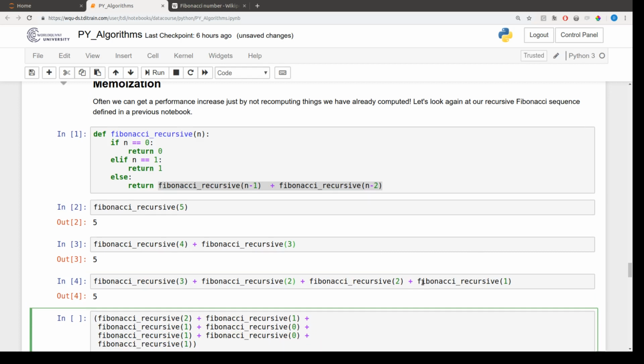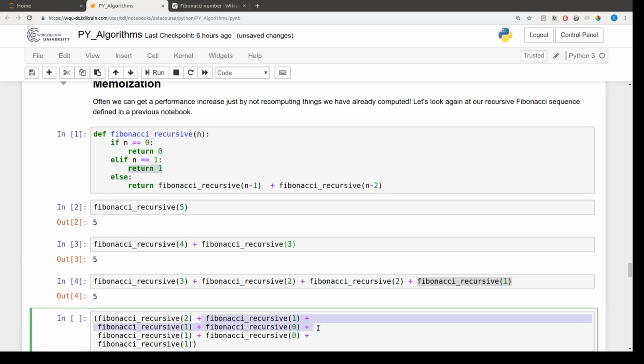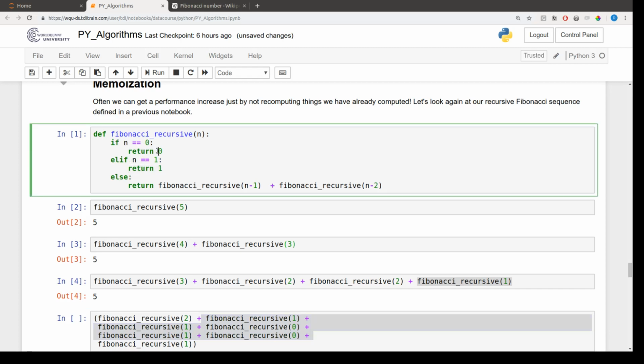And this Fibonacci 1 doesn't make a recursive call, because n equals 1 just returns 1. In most cases here, we're now reaching the point where we're not making recursive calls. We're hitting what we would call our base cases, where we can just return a definite answer, and we're not making any kind of call to the function again.